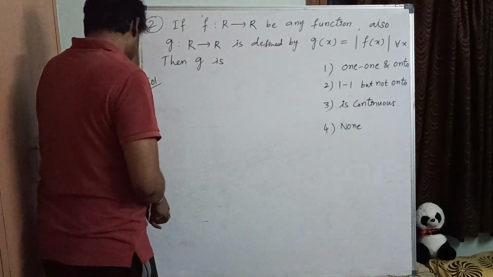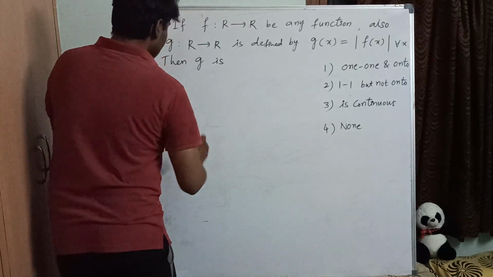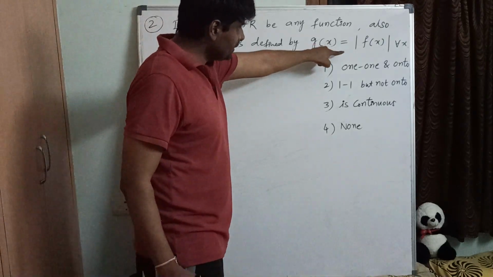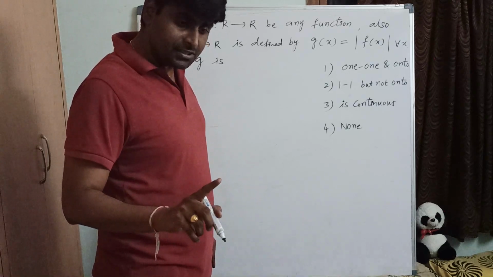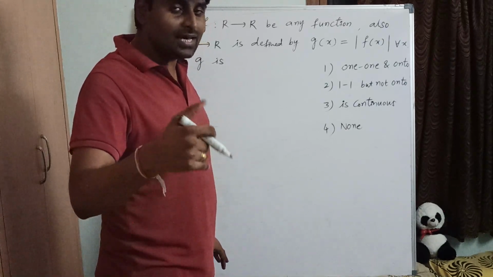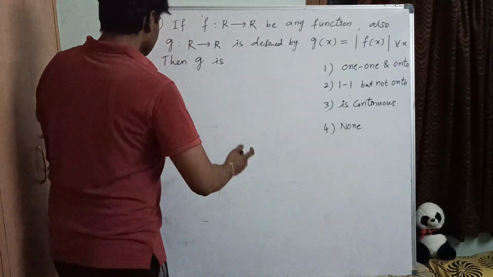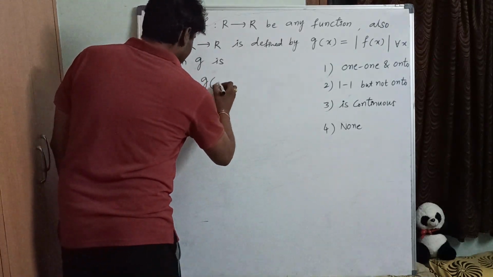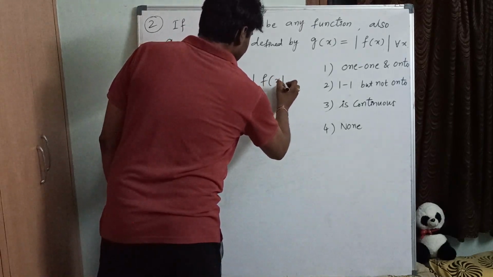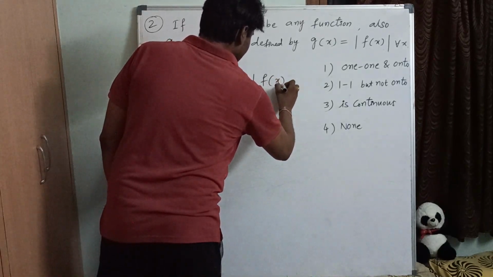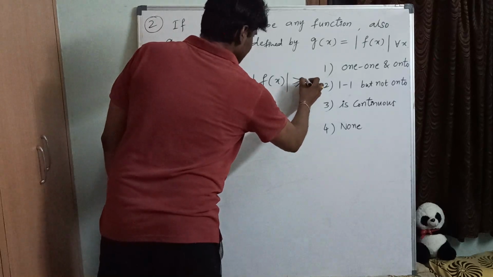Now see, generally what is g of x? g of x is the modulus of one function. Generally the modulus of a function is always greater than or equal to 0. So g of x, which is the modulus of f of x, is always greater than or equal to 0, correct?